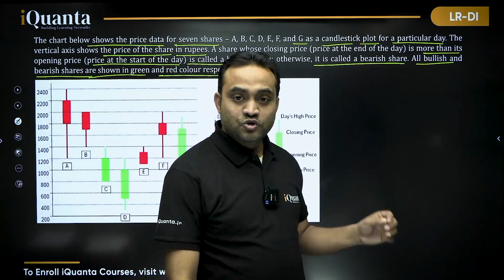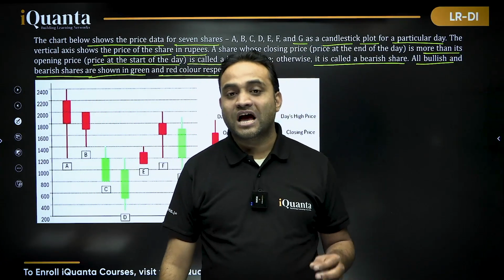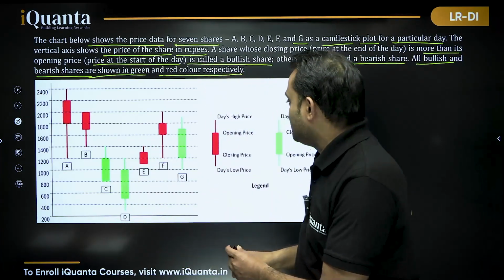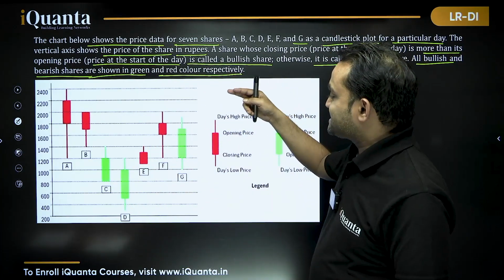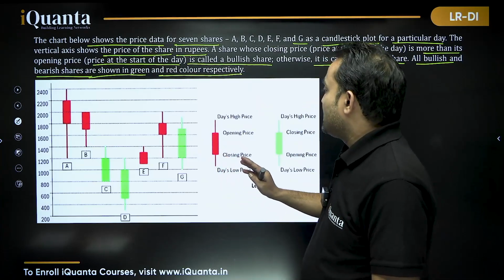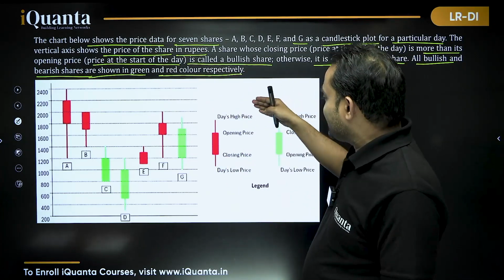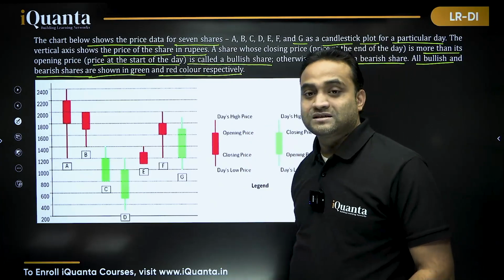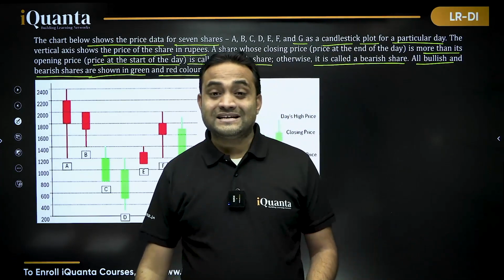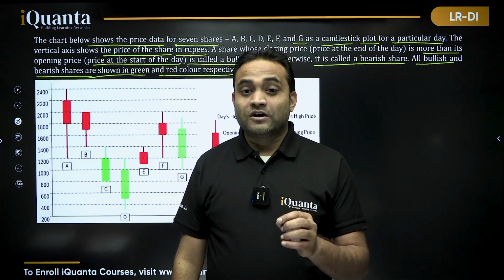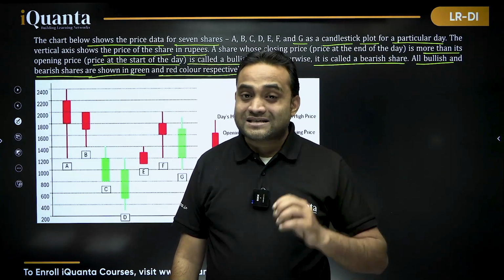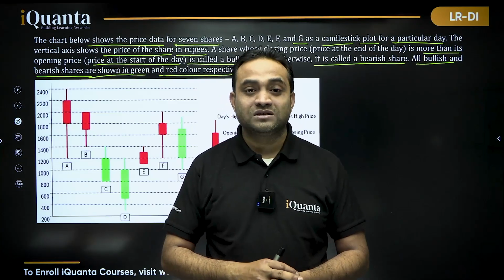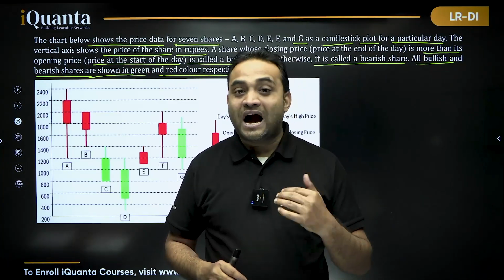Now, usually in these types of questions, I would like to make a table. I would like to write down all the values like A, B, C, D, E, F, G, and 4 columns: days high price, opening price, closing price, days low price. But seeing that the level of the questions this year was a little bit easier than the previous ones, so it will be high scoring.